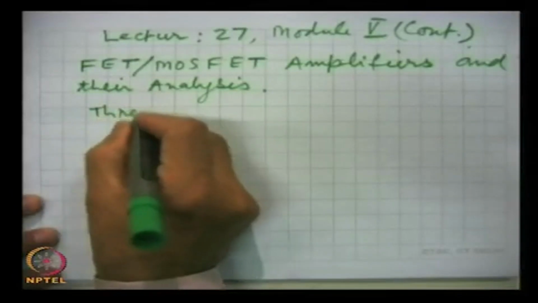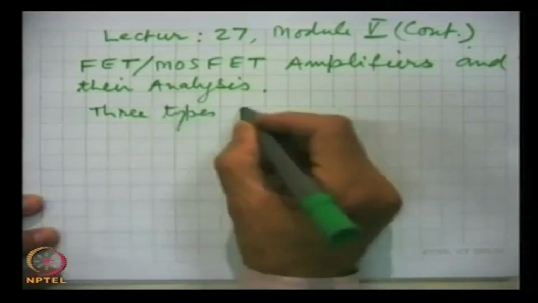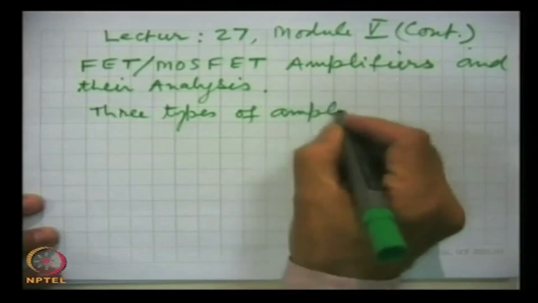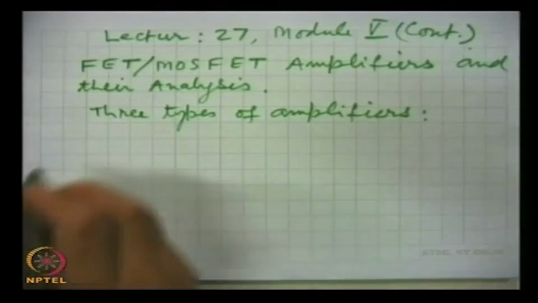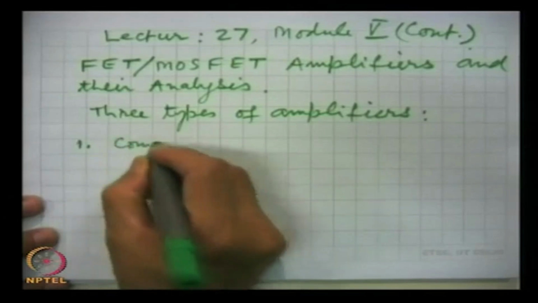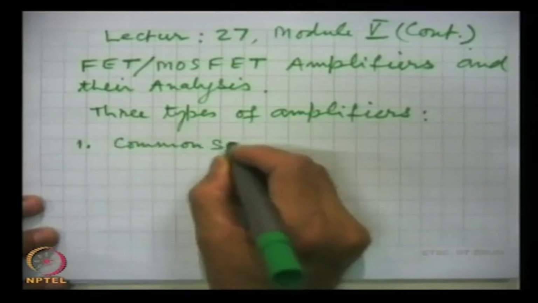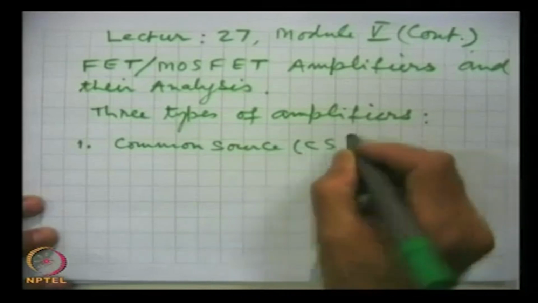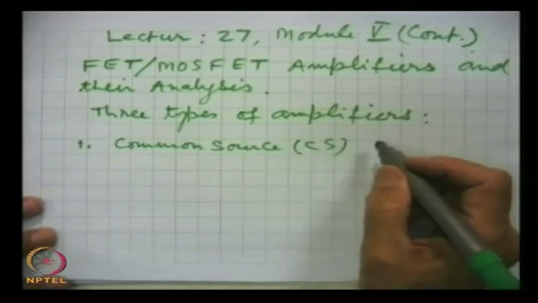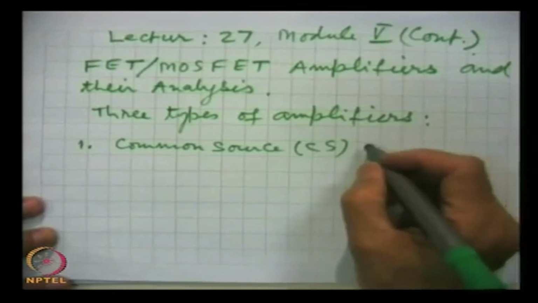In the same way, a field effect transistor can be used in 3 configurations, and we have 3 kinds of amplifiers: the common source amplifier, that is CS, like the CE amplifier in BJT. So, similarly here, the common source CS amplifier.